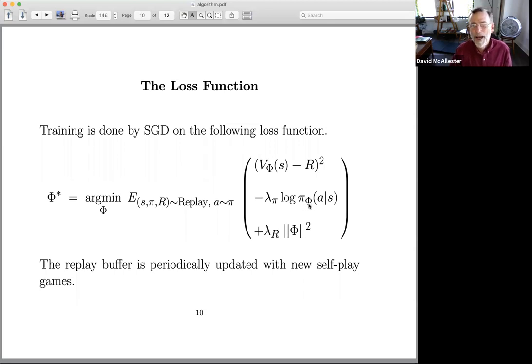So we're training the policy network to minimize its cross entropy from the tree search based policies, to mimic the policies that we associate with the root position. So this is tree search bootstrapping. And finally, there's a regularization term that's regularizing the norm of the parameter vector. There's a shrinkage term.